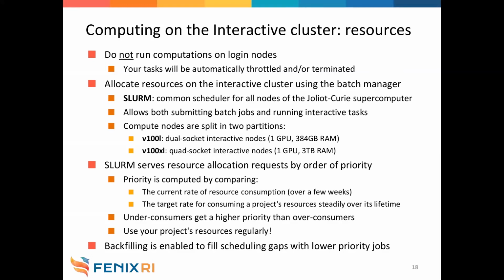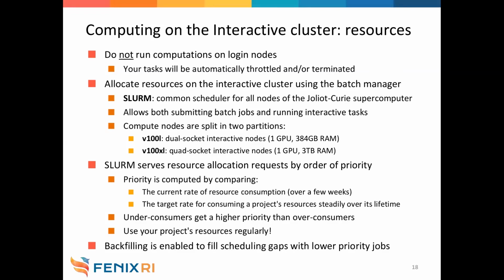Slurm manages the priority between jobs, so it takes various parameters into account for this priority. It takes the current rate of resource consumption over the last few weeks, and also compares it with the target consumption given the lifetime of your project. So if you underconsume, you get a higher priority.